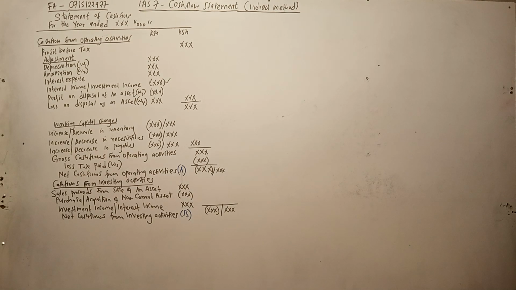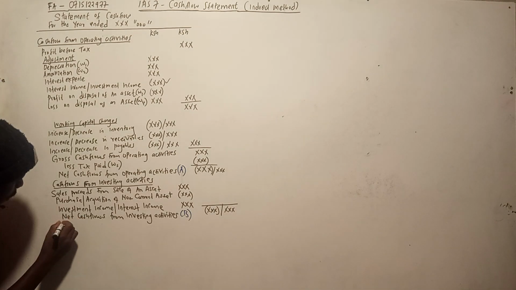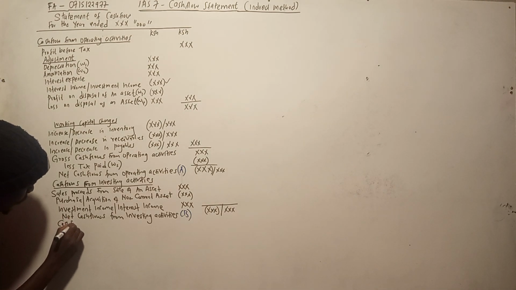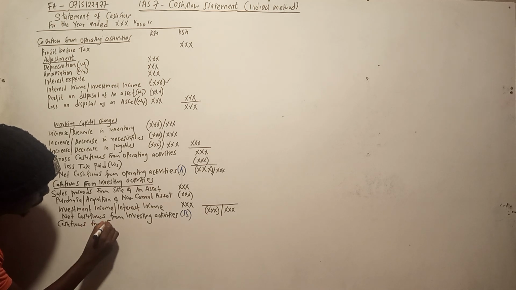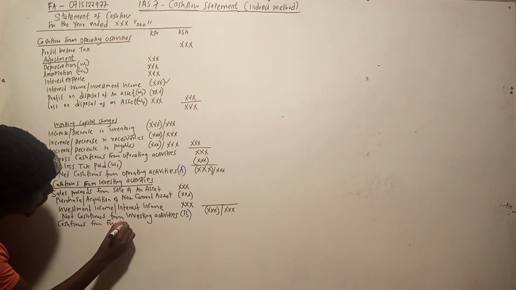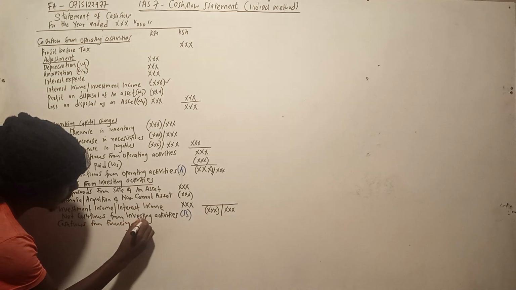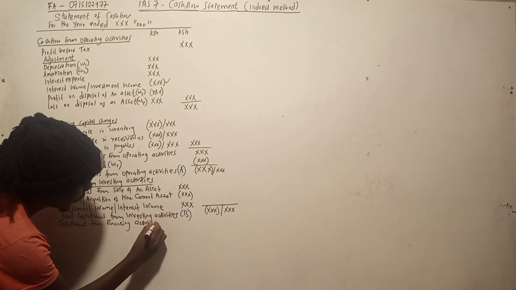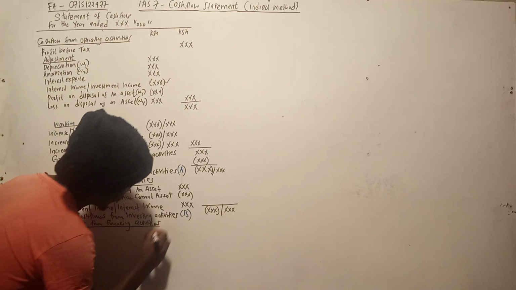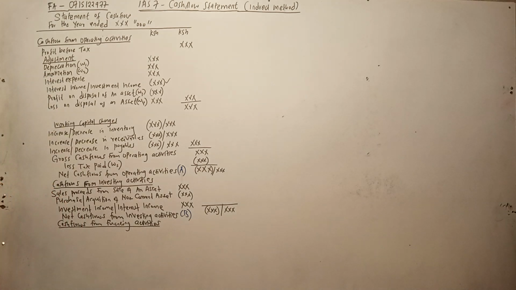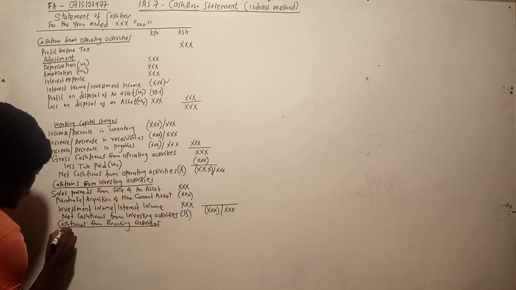Then tuende kwa the last one, cash flows from financing activities. So we can have issue of shares.